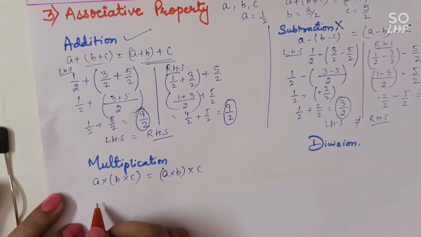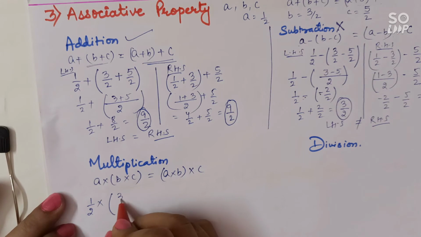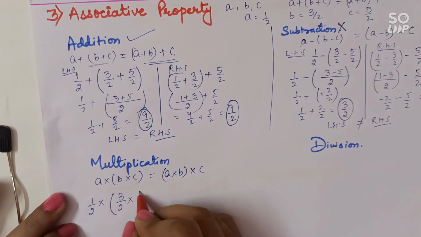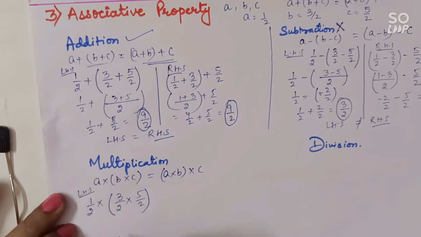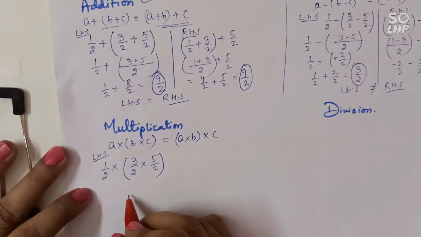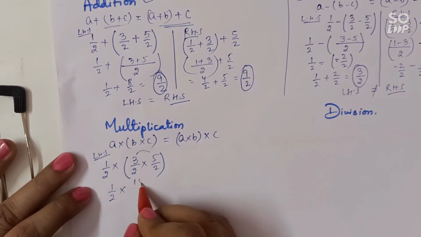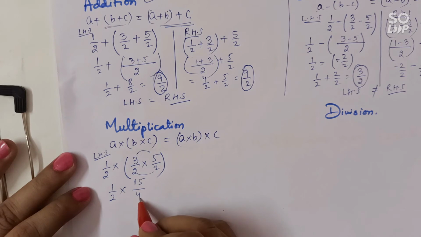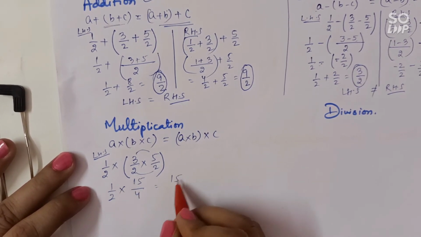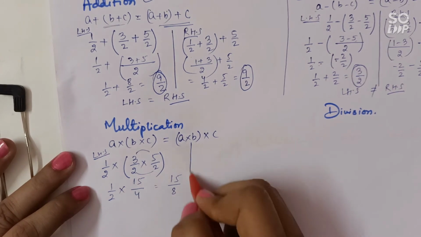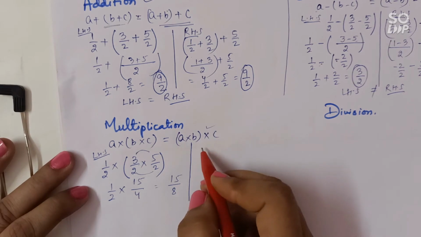A is 1 by 2, B is 3 by 2 into 5 by 2. We are solving the LHS. So 1 by 2, 5 3s are 15, 2 2s are 4, so we'll have 15, 1 15s are 15 and 4 2s are 8. We solved the LHS part. Now let's solve the RHS as well.